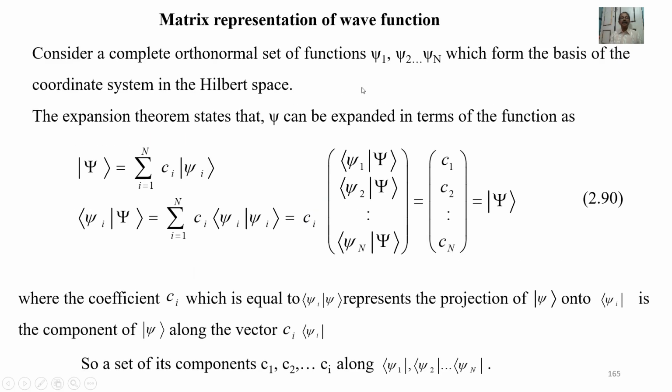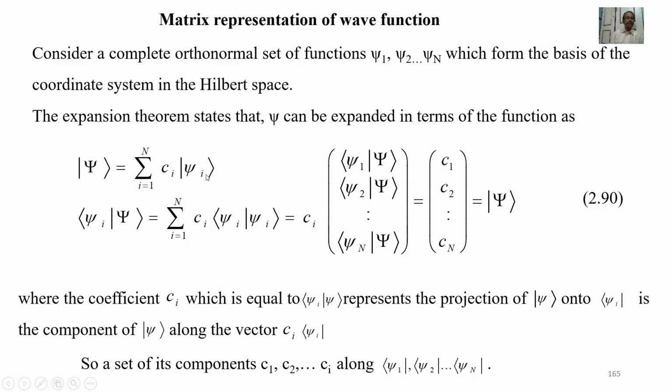Matrix representation of a wave function. Consider a complete orthonormal set of wave functions psi1, psi2, up to psi n, which form the basis of the coordinate system in the Hilbert space. The expansion theorem states that psi can be expanded in terms of these functions. So your ket psi is equal to summation over i equals 1 to n Ci psi i.